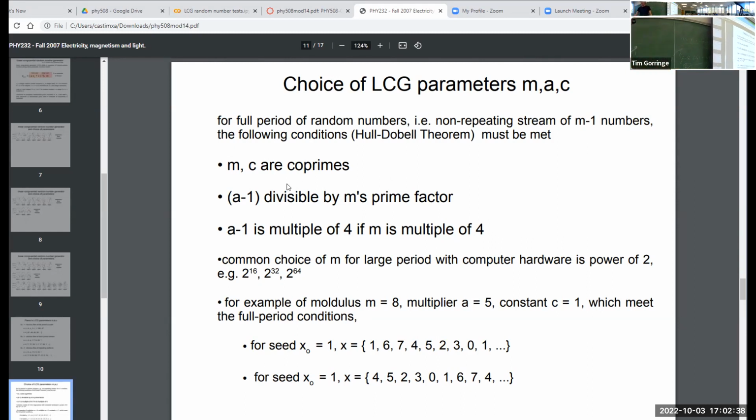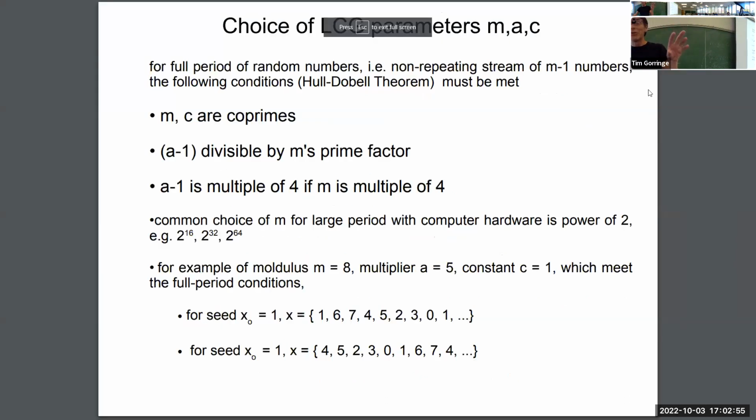So the rules are these 3 rules here. By the way, I don't know how to prove these rules. I don't know how to derive these rules. These rules have been proved and derived, and we're just going to take a look at them.